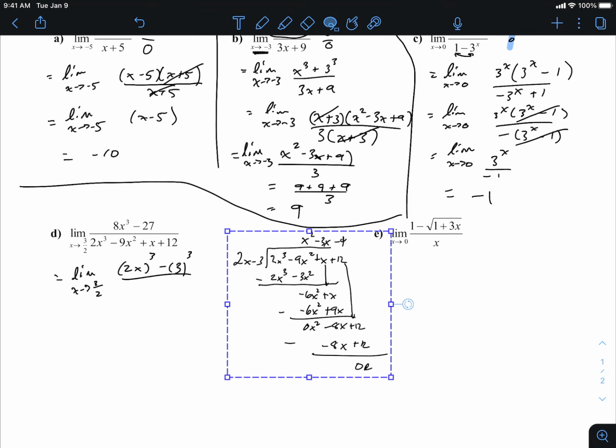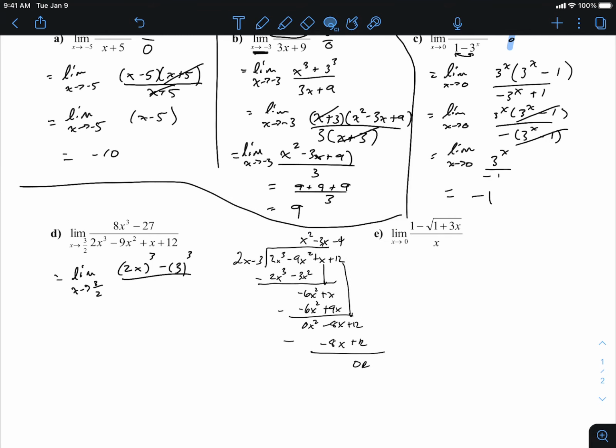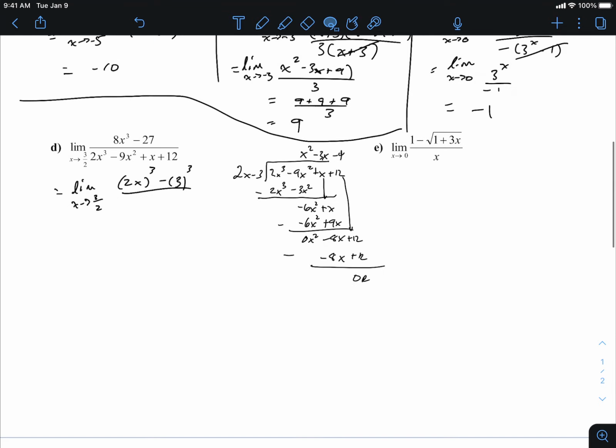Now you have what the result is. You can rewrite the denominator, because ultimately what you wanted to do was get a 2x minus 3 in the denominator. So let me just erase this here.